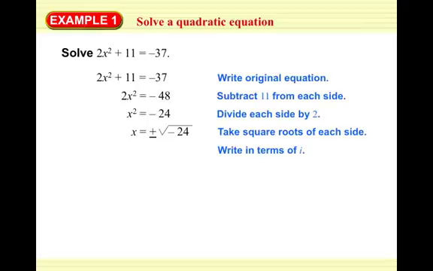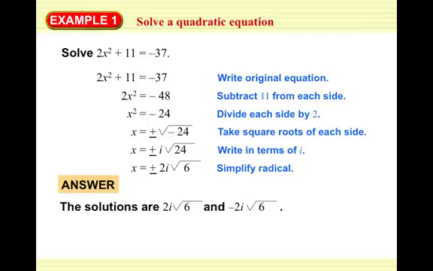Okay, so first thing we do is we put our i out, and so we have x equals plus or minus i square root of 24. Once the i comes out, the negative's gone away, because what we've really done is factored out a square root of negative 1 and changed it to i. Now we simplify square root of 24 like we always have. We think of the largest perfect square factor. 24 is equal to 4 times 6.